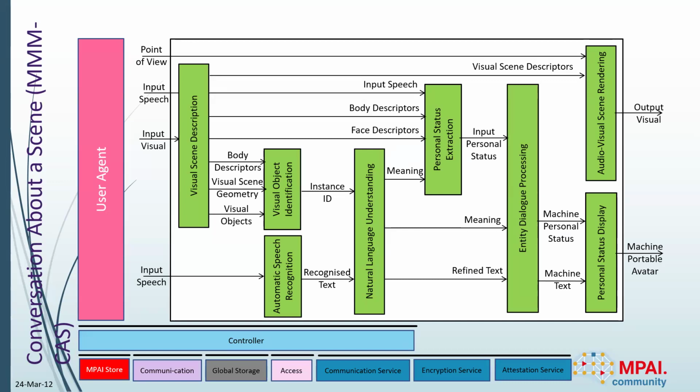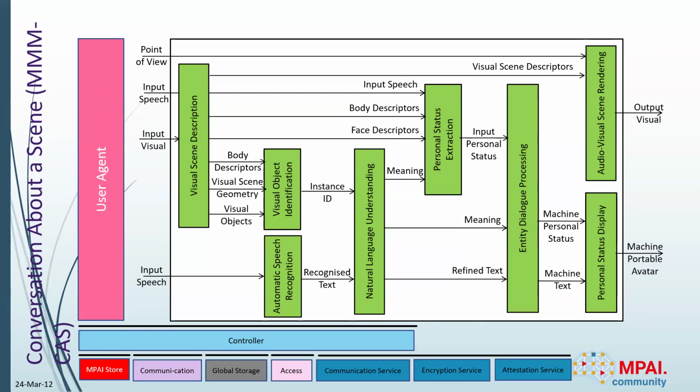This one is conversation about the scene. So we have to imagine here that we have a human, and the speech is captured, and here we capture the human, but also the environment of the human. And the environment of the human is made of objects.